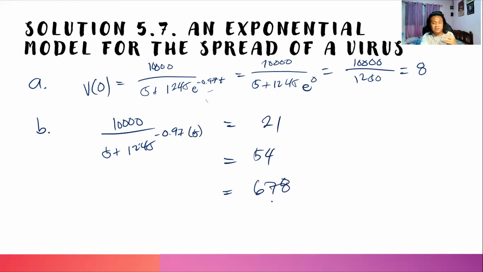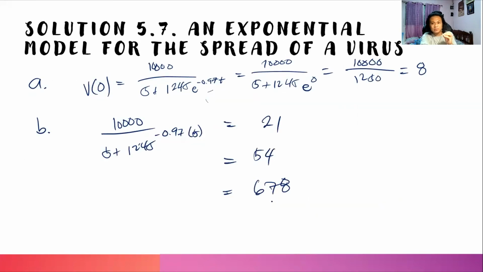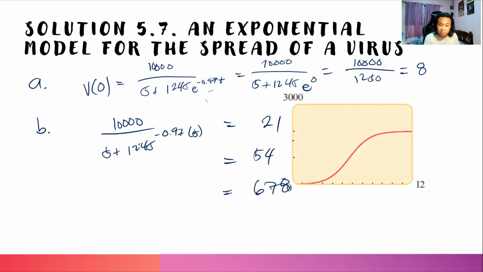So if we graph the function and describe its behavior, we can see this graph here, okay? So it plateaus at around 2,000, di ba? So nag-flat na ang ihang curve. Okay, nga naman. Kay it levels up when about 2,000 people are infected.